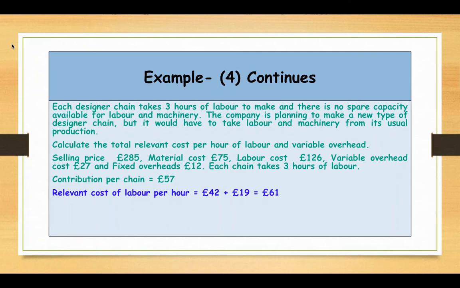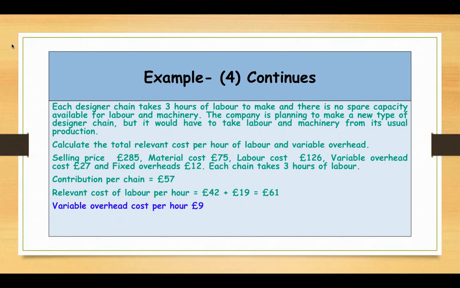And on top we need to add the contribution foregone, which is 57 pounds per chain, and each chain requires 3 hours to make. So 57 pounds divided by 3 hours is 19 pounds. So the total relevant cost of labor per hour is 61 pounds.